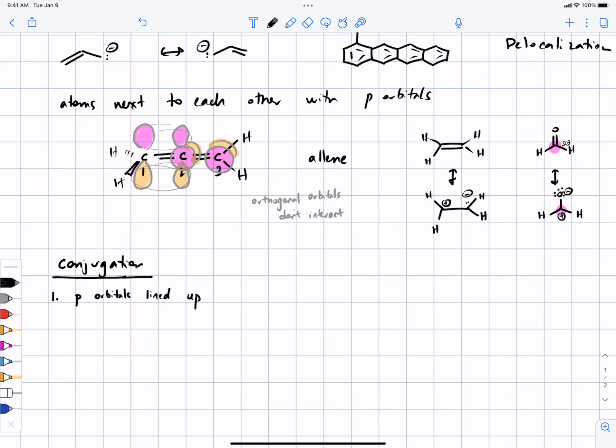If conjugation is going to involve p orbitals, what is the hybridization of carbons that can be involved in conjugation? sp2 or perhaps sp, right?